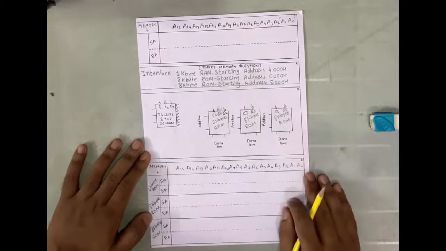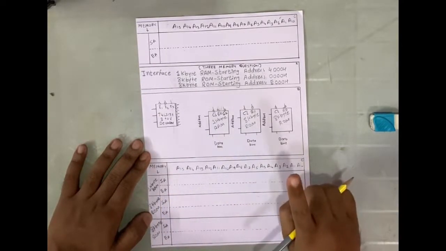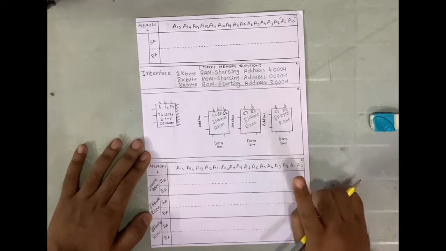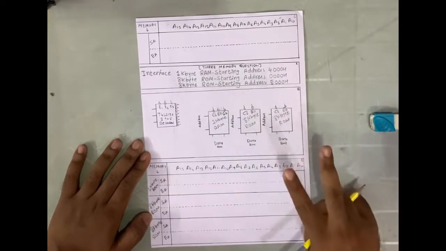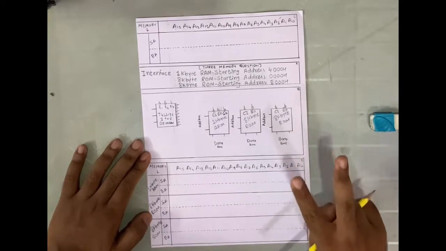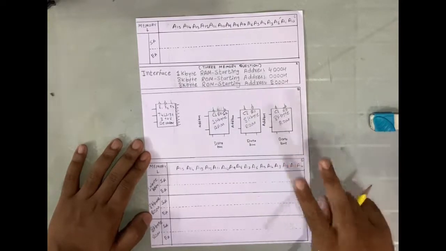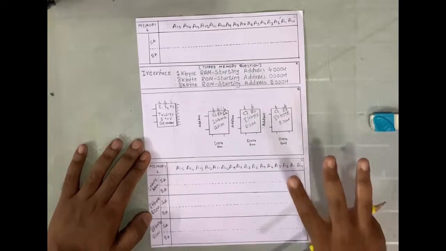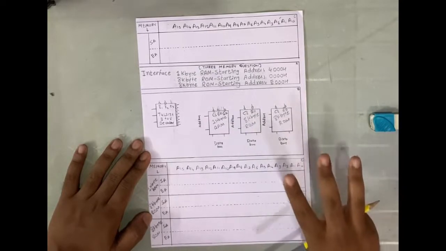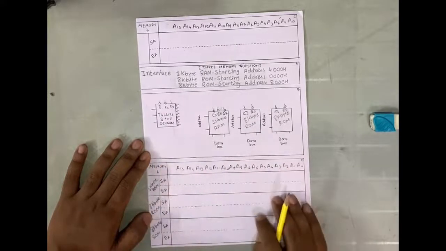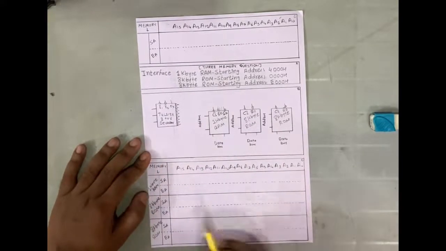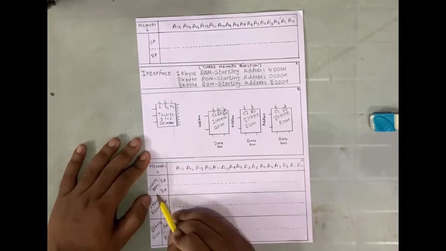Using the memory map table, we can find the starting and the ending address of each memory. Using the memory map table, we can find how many address lines are required for particular memory. And using the memory map table, we are going to find how many address lines will be given to the decoder.